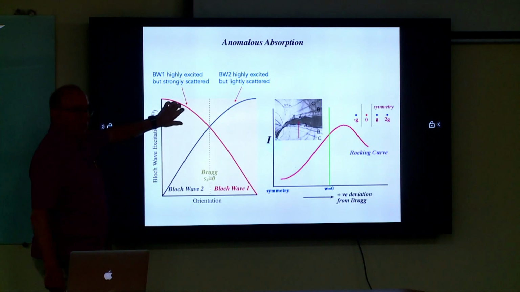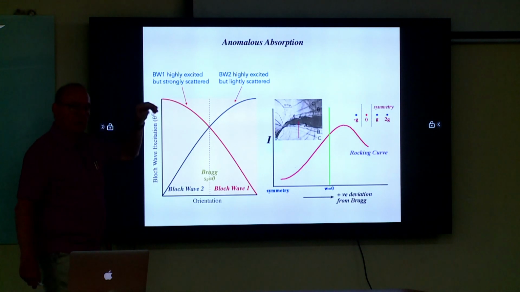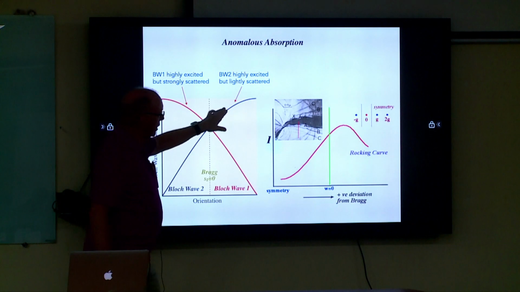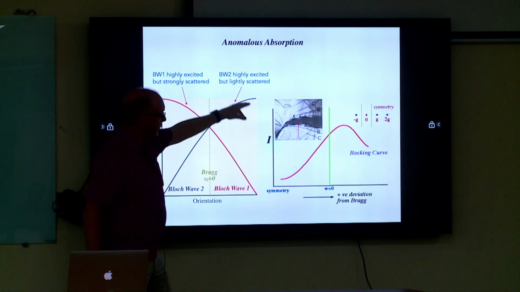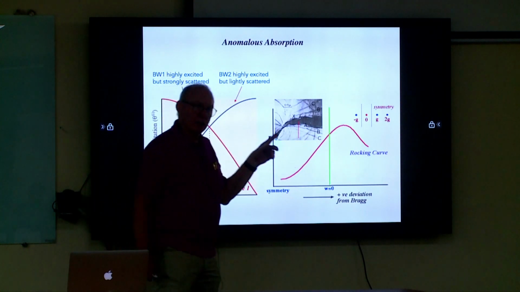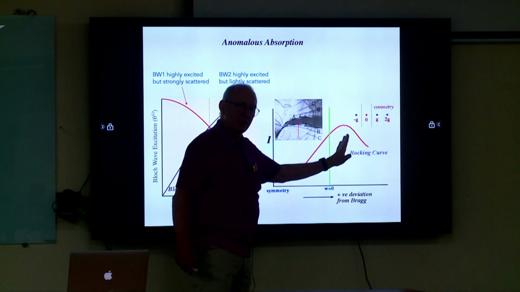Because our highly excited Bloch wave is heavily scattered, because it spends its time in these scattering centers. Whereas our Bloch wave 2 over here is highly excited, but it's lightly scattered. So a lot more intensity here. And you'll notice as well that the peak in intensity is at a positive deviation from the Bragg condition.